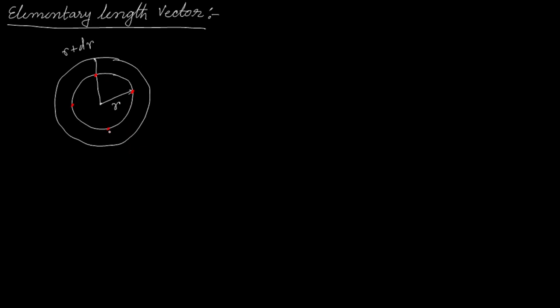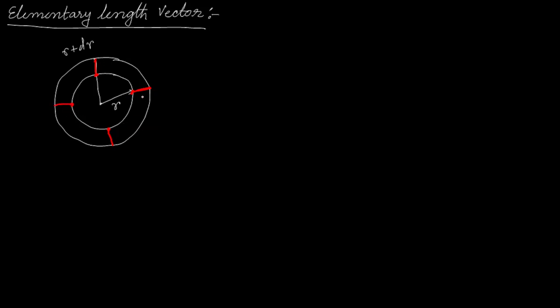If you want to go from the inner circle to the outer circle along the r cap direction, how much distance do you have to travel? r cap direction means radial outward direction, so if you are here, you have to go from here to here in the r cap direction.